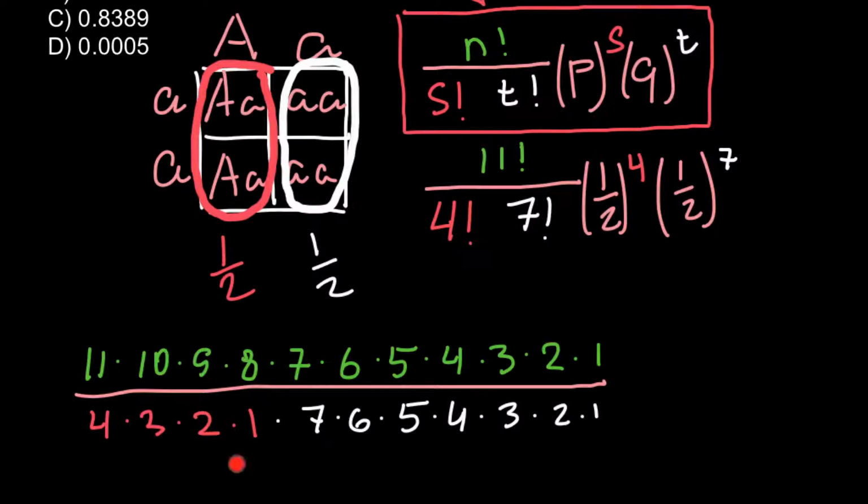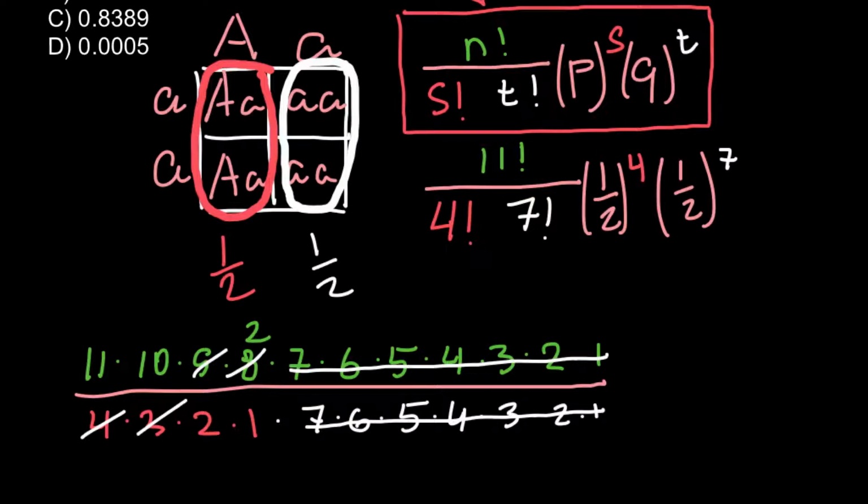Let's calculate what we have here. We can simplify our fraction by crossing out the same numbers on the bottom and on the top of the fraction. So now we're left with this part only, and we also can reduce, for example, we can cross out this 4 and this 8, and we are going to get 2 on top. We can cross out this 3 and this 9, and we are going to be left with 3 here.